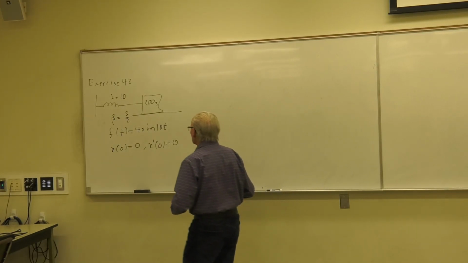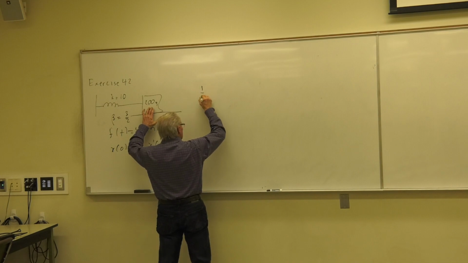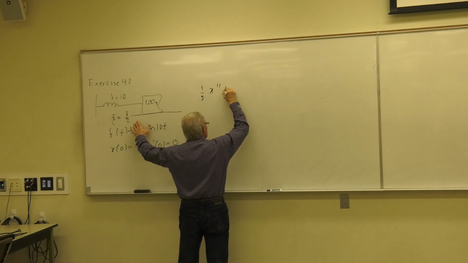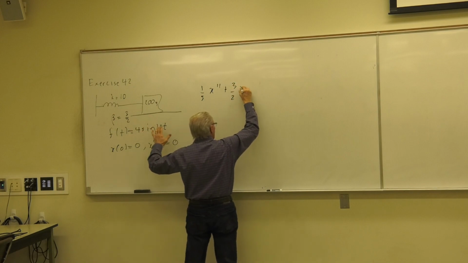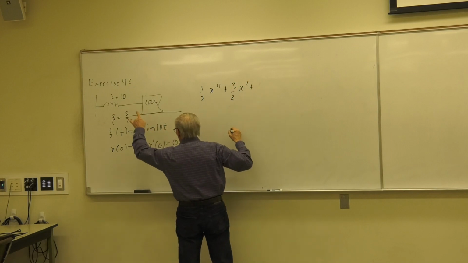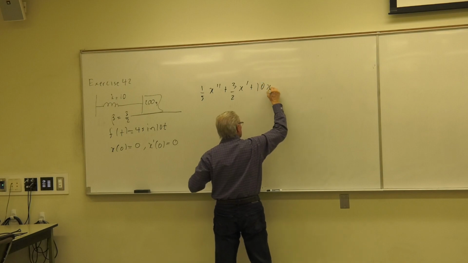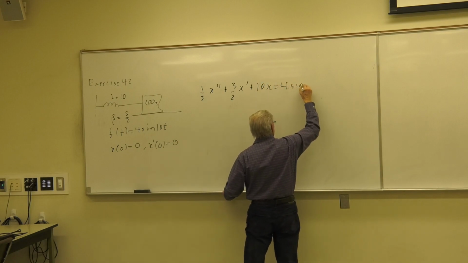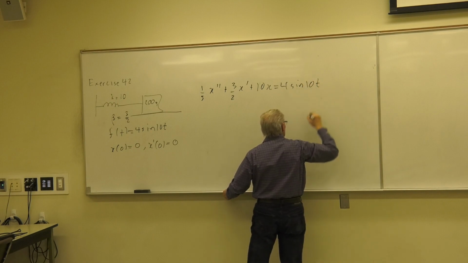So the differential equation, we're going to have 1/5 x double prime plus 3/2 x prime plus 10x equal to the forcing function 4 sine 10t.